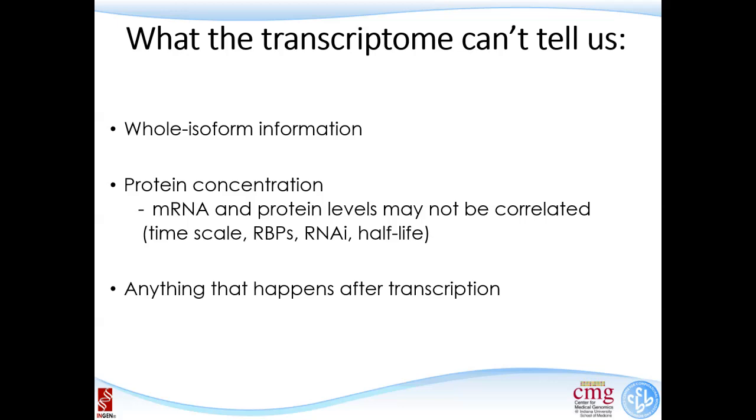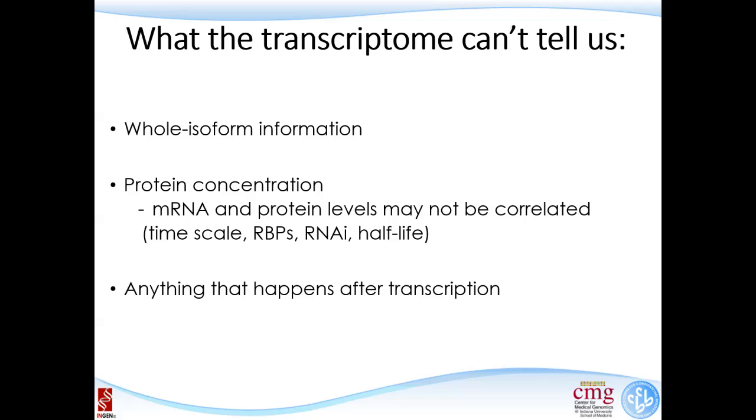Some things it can't give us. It can't exactly tell us what the whole isoform information is unless you do whole isoform sequencing, which is generally prohibitively expensive. But we use inference techniques to understand which transcripts could be in the cell. It obviously doesn't give you protein concentration, and this is becoming more of a research focus as we get more experience at high throughput proteomics and pairing RNA-seq data with proteomic data.